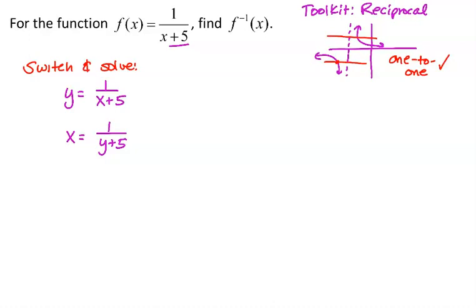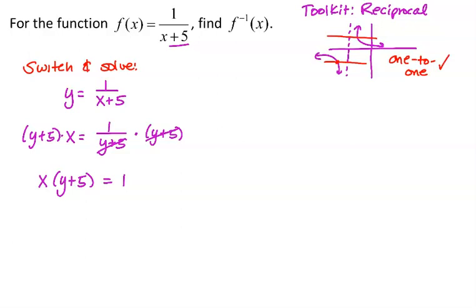What I want to do now is actually solve this equation for y. So I'm going to start by eliminating the fraction, multiplying both sides by y plus 5. So on the right hand side, that cancels out the fraction. So we're left with x times y plus 5 is equal to 1. So keep in mind we're trying to solve for y.